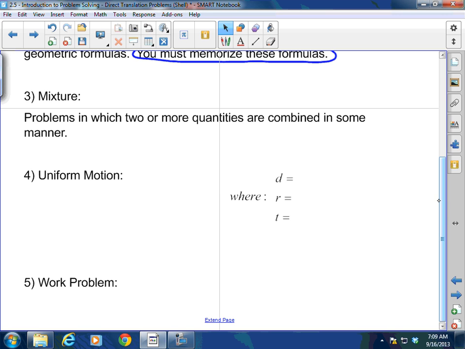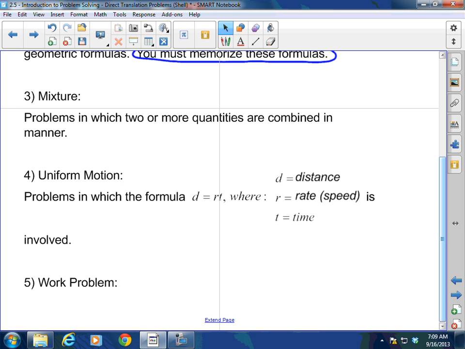Uniform motion. These are problems in which the formula D equals RT is used. Okay, where D equals distance, R equals rate, and T is time. So distance, rate, and time.